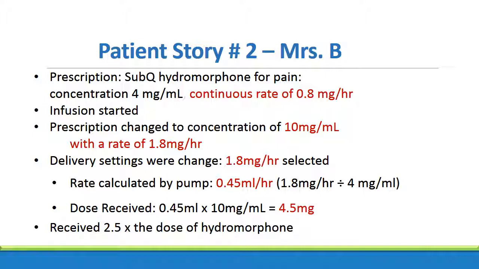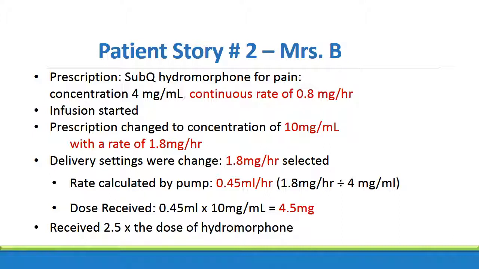The pump delivered 0.45 milliliter per hour of the 10 mg per ml concentration, which makes the actual dose received 4.5 mg per hour instead of 1.8 mg per hour.